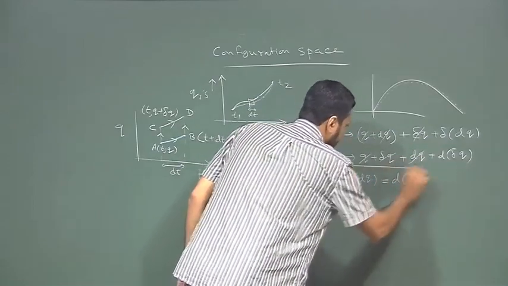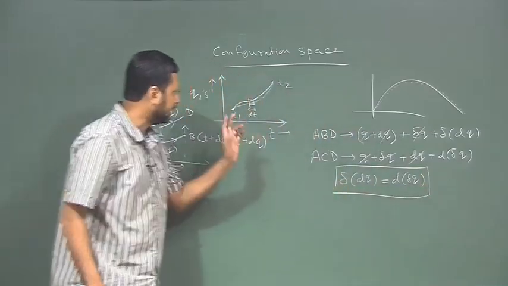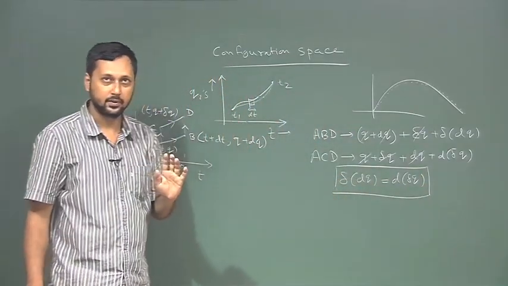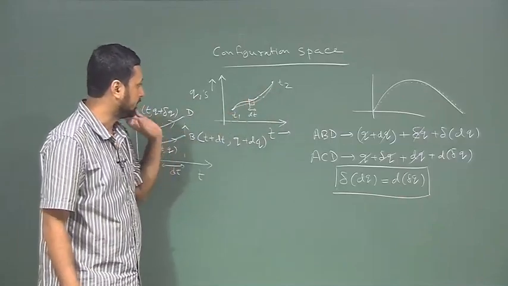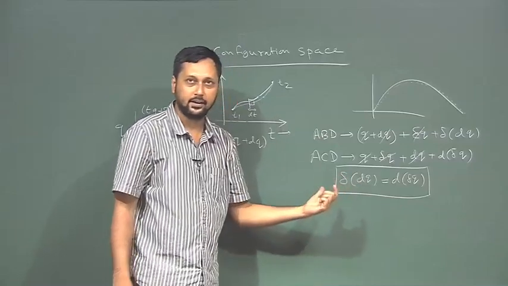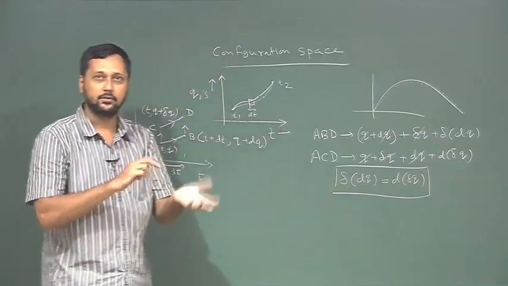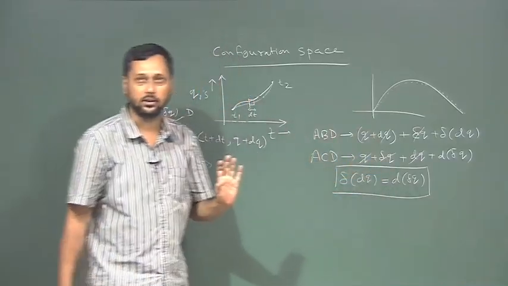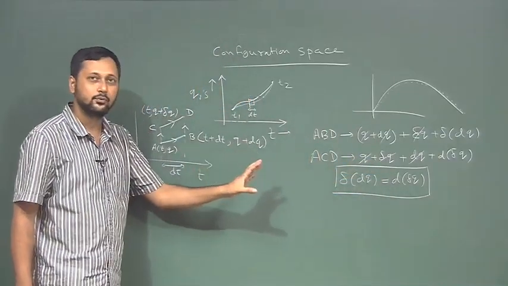So, what we have established here, by taking two hypothetical trajectories of a system between two fixed points T1 and T2, is that the operations d and delta can be exchanged freely. They are commutative basically. So, d of delta q is equal to delta of dq. This is a result we have already used.